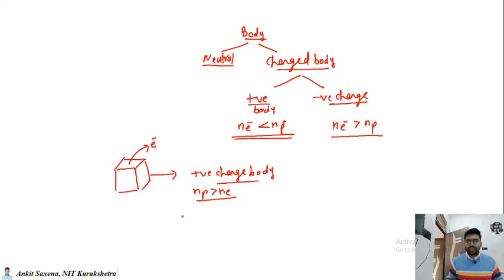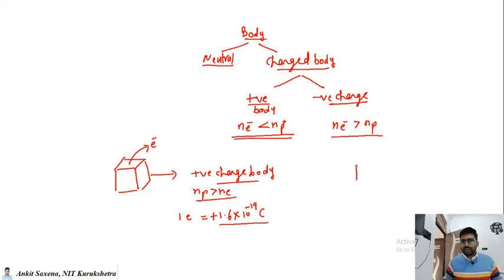This charge value is equal to the charge of one electron, 1.6 into 10 to the power of minus 19 coulomb. This is the unit of one electron. Because this body is a positive charge body, we take this value as positive, plus 1.6 into 10 to the power of minus 19 coulomb.